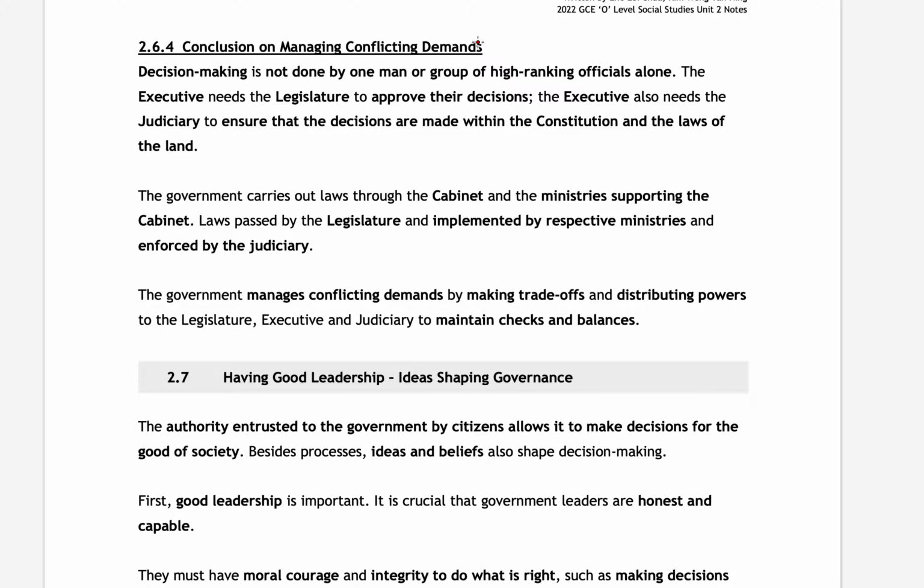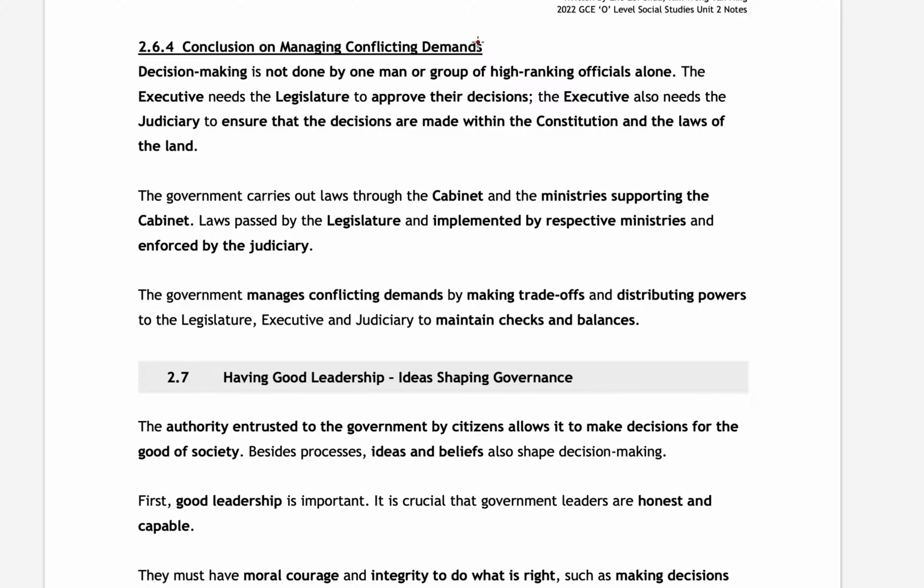The executive needs the legislature to approve decisions. The executive needs the judiciary to ensure that the decision is made within the laws of the land. Government can only carry out laws through the cabinet that the PM appoints. Laws are implemented by these ministries and enforced by the judiciary.